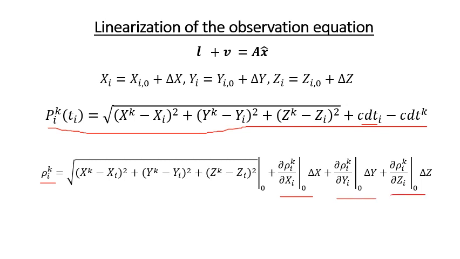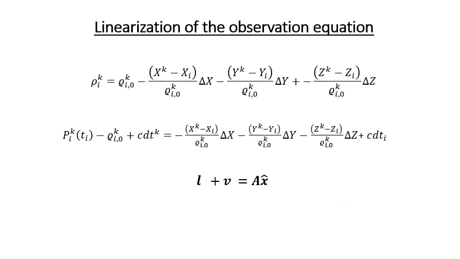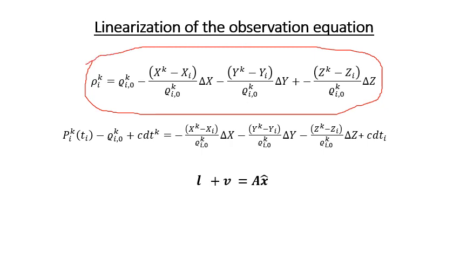This means that we will take the derivative of the geometric distance in terms of the x, y, and z components respectively. Now we can carry out our linearization if we take the derivative in terms of x, y, and z. The linearization will look like the equation given here, and the geometric distance will be easily expressed in this linear equation.